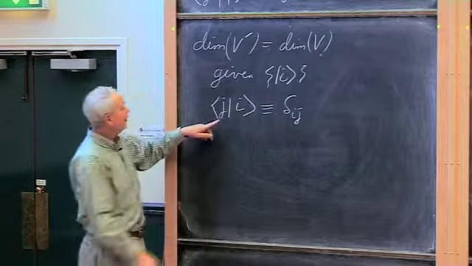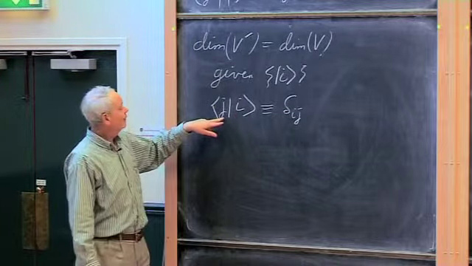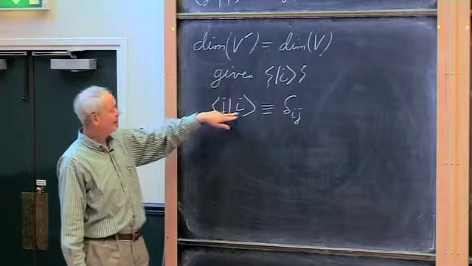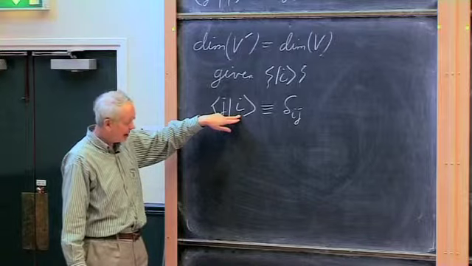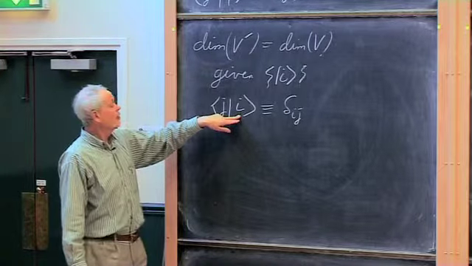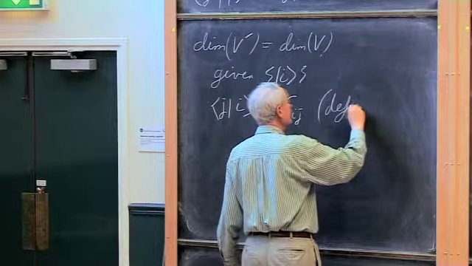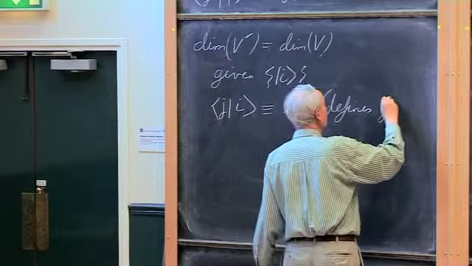So in other words, it's nothing if the label j is not equal to the label i, and it's 1 if the label j is equal to the label i, right? So this equation defines the bra <j|.